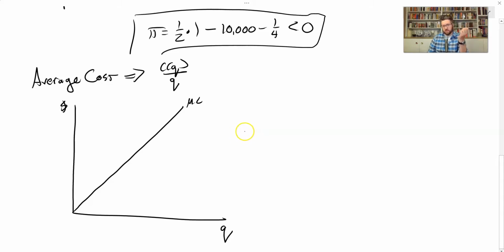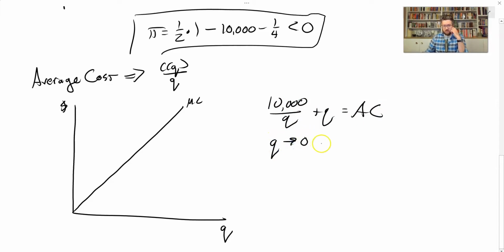Well, if Q is close to 0, average cost here is close to infinity, because we have a 0 plus 10,000 divided by 0, which is going to be infinity. On the other hand, as Q goes to infinity, average cost goes to infinity again, because as this thing is really large, the first part falls to almost nothing, and your 10,000 divided by infinity is 0.